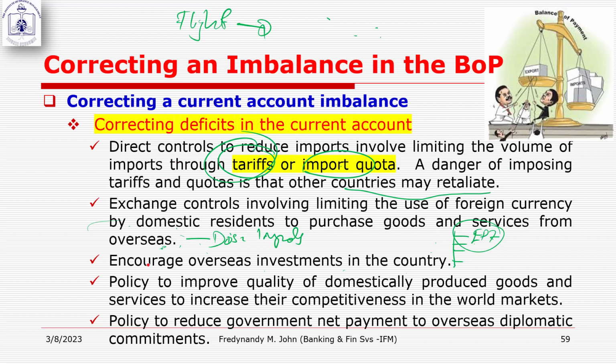But also reduce government net payment to overseas diplomatic commitments. I don't want to talk much on this, but again, you guys must remember some few years ago, our government adopted this policy. If some ministers wanted to go abroad to attend some meetings, instead of taking a delegation of 20 people, 1 or 2 individuals were enough to accompany the minister.